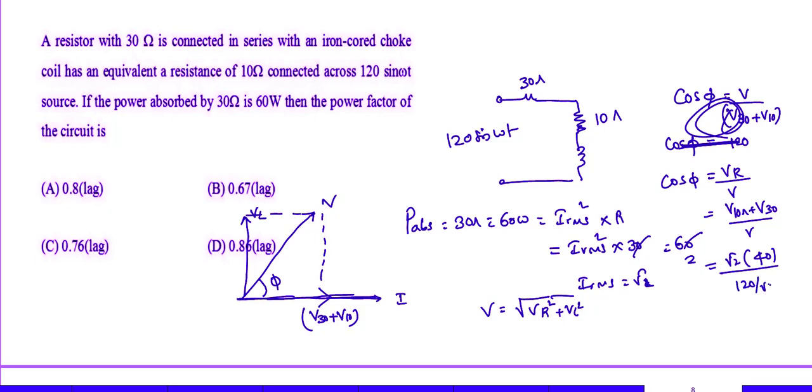So root 2 into 40 by 120 gives about 0.67 lag.